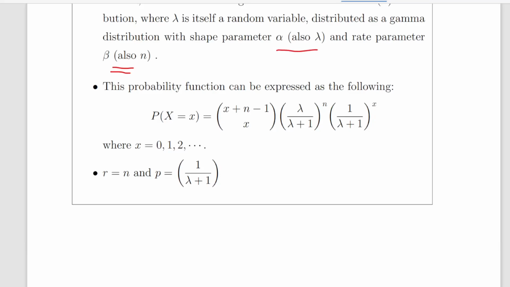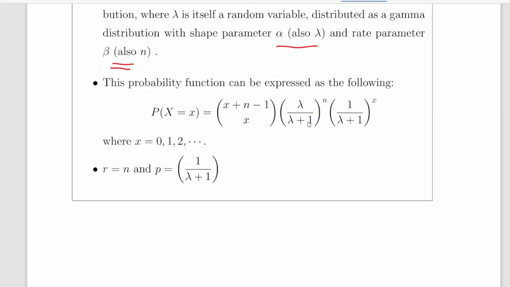The probability mass function can also be specified as follows. That actually helps in the context of what we're doing here. So we'll probably use this probability mass function wherever we need it when we're dealing with Poisson-Gamma mixtures. Now, we have n and we have lambda. What we might need is the parameter values for the negative binomial distribution, which are r and p.